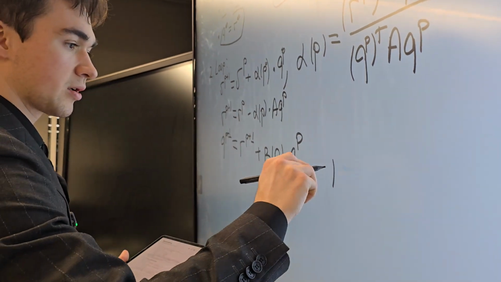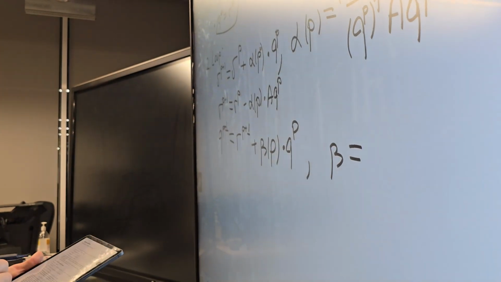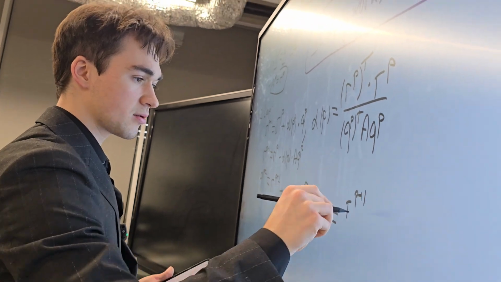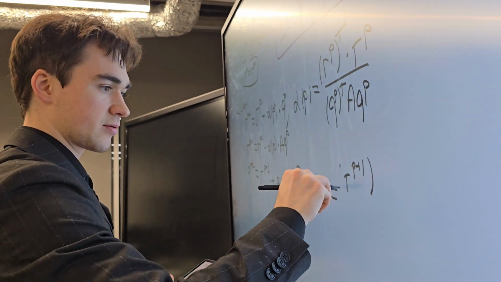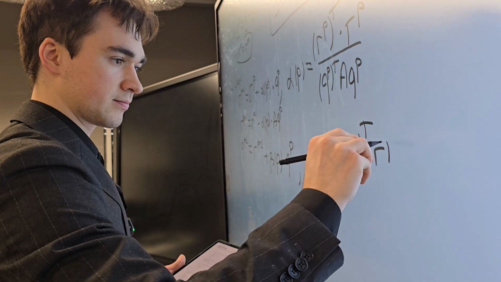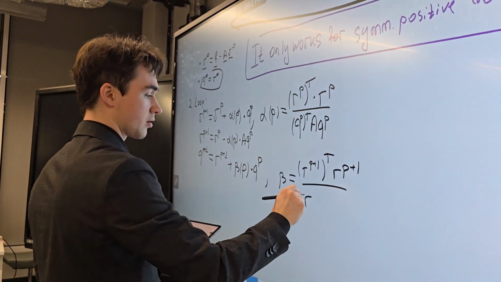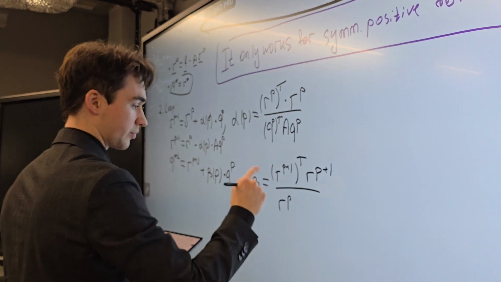Where beta is the norm of r p plus 1, and we can say it's like that, for example, divided by the norm of r at iteration p.